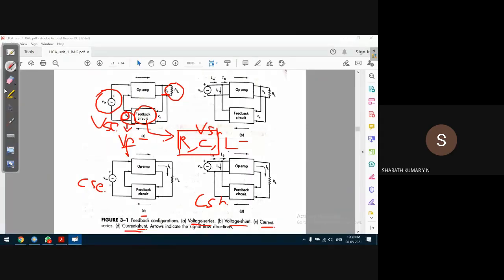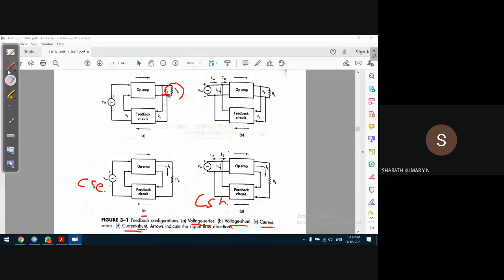So that is what is known as voltage series feedback. Next is voltage shunt feedback. In this case, the output voltage is given as an input to the input terminal, but it is in parallel with the input voltage.